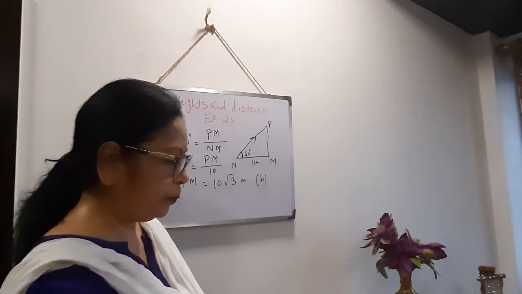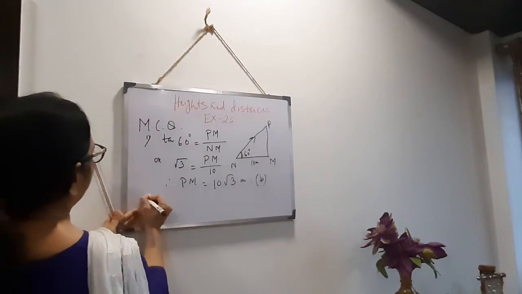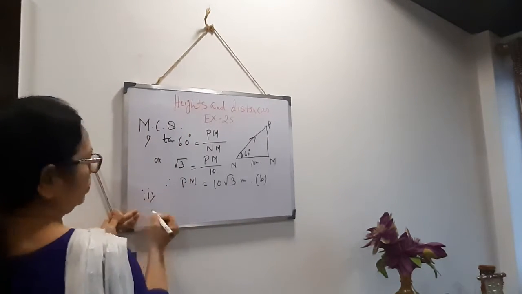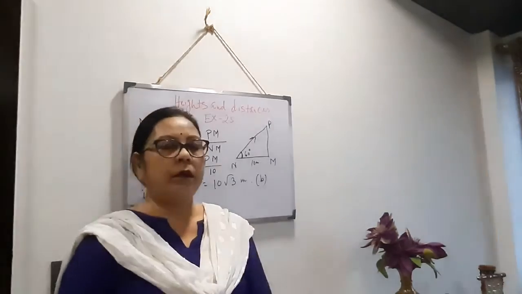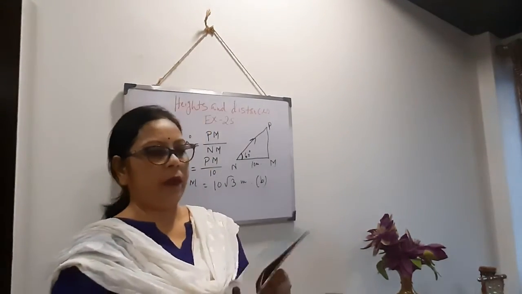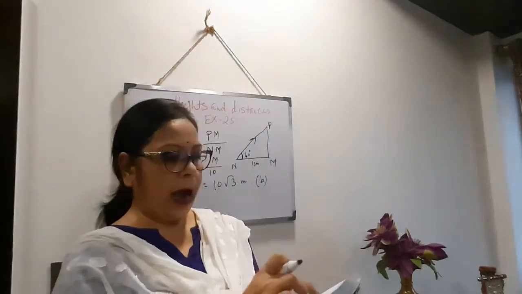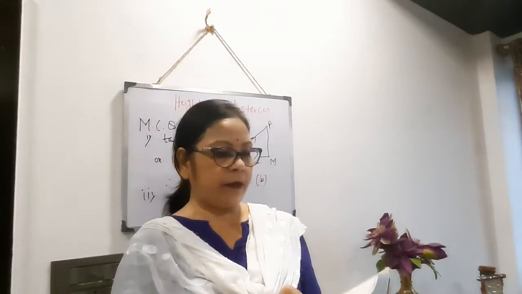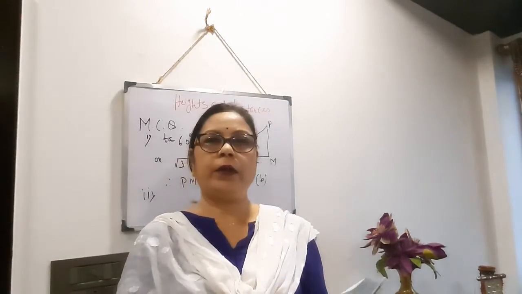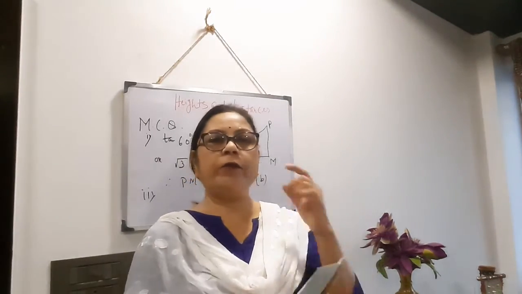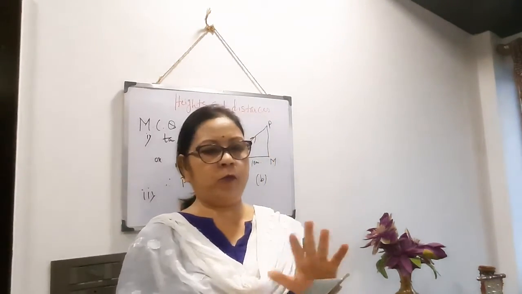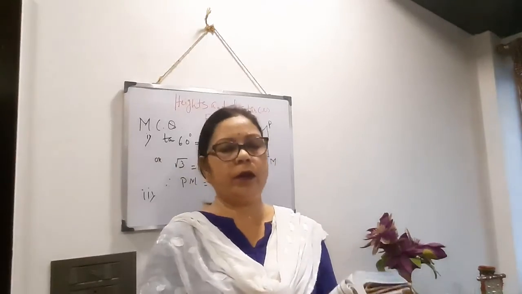Now next one, number 2. Here the diagram is given, height given, base given, angle of elevation you have to calculate. When you see the video, before that you will open your book, page number 328.